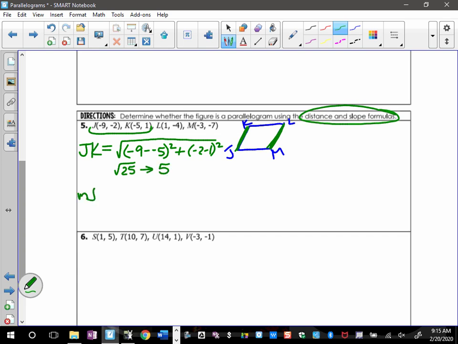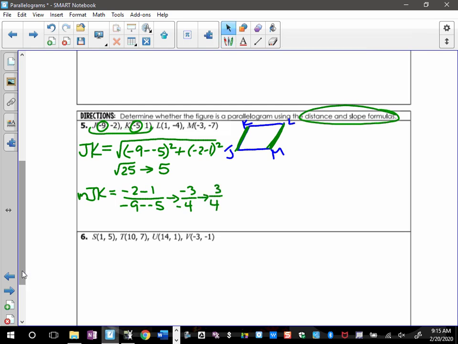For my slope of JK, I have negative 2 minus 1 over negative 9 minus negative 5. It's negative 3 over negative 4, which is 3/4.